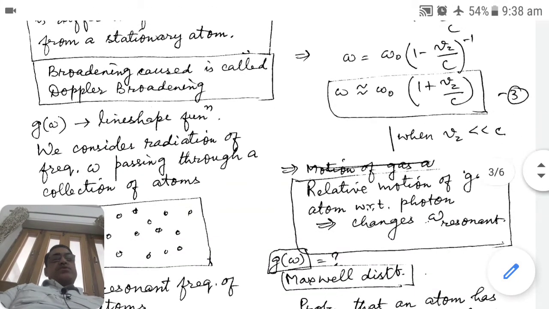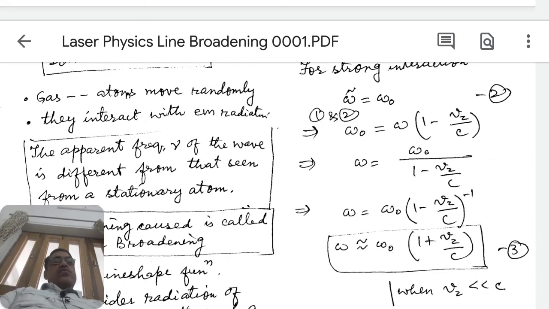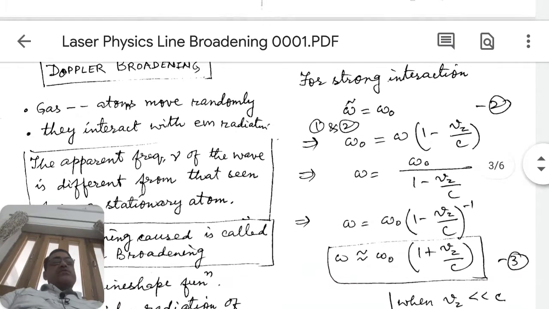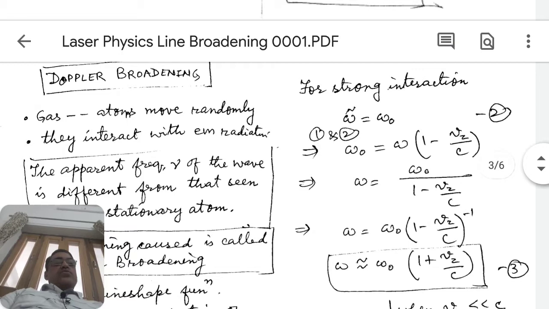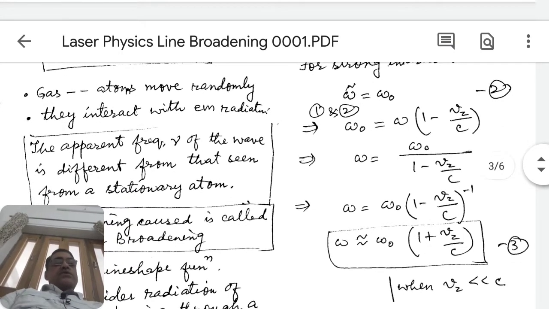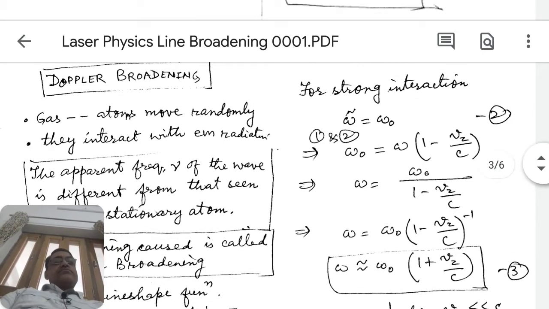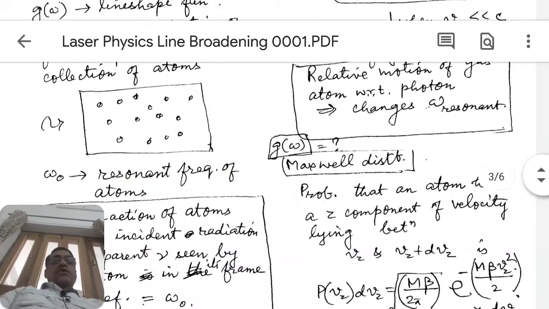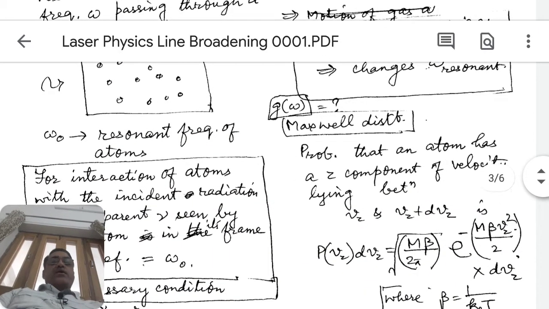So if I substitute for omega naught, I obtain omega naught equals omega (1 minus Vz by c). Here omega naught is the resonant frequency of atoms.